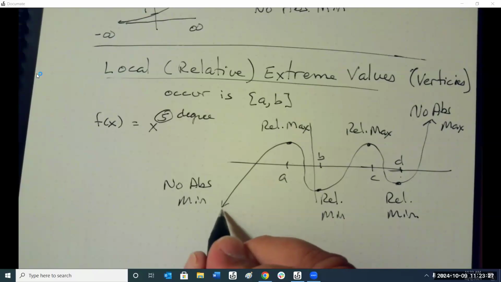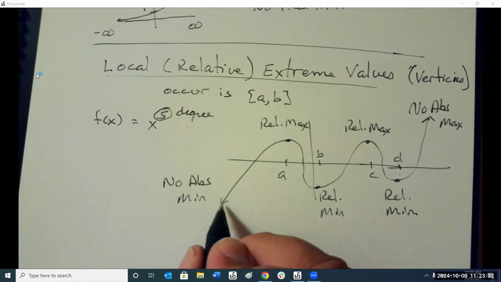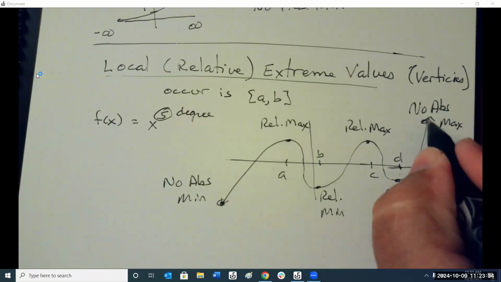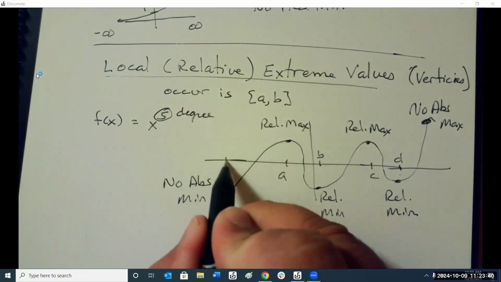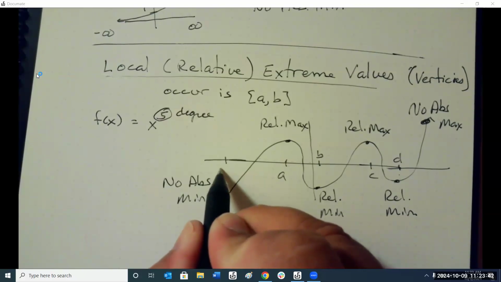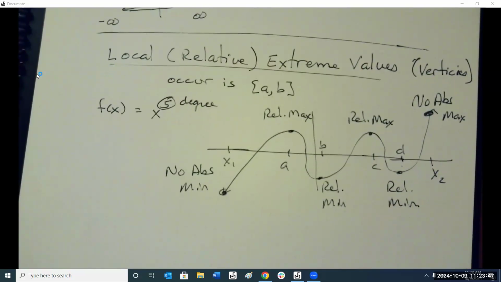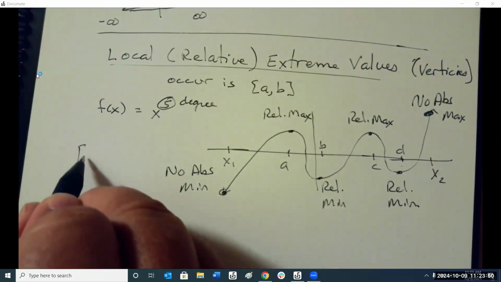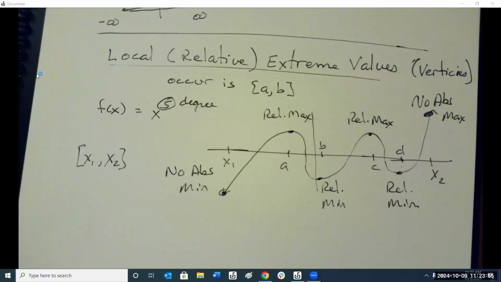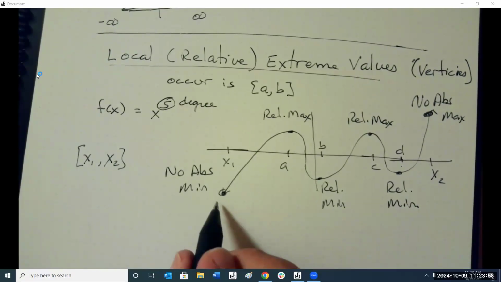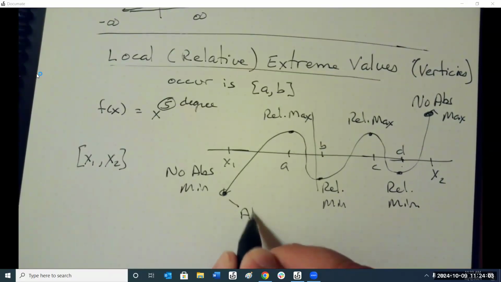But if it did have an endpoint there and an endpoint there, where now my interval is x1 to x2, since this one's lower than everybody else, now it's the absolute min.